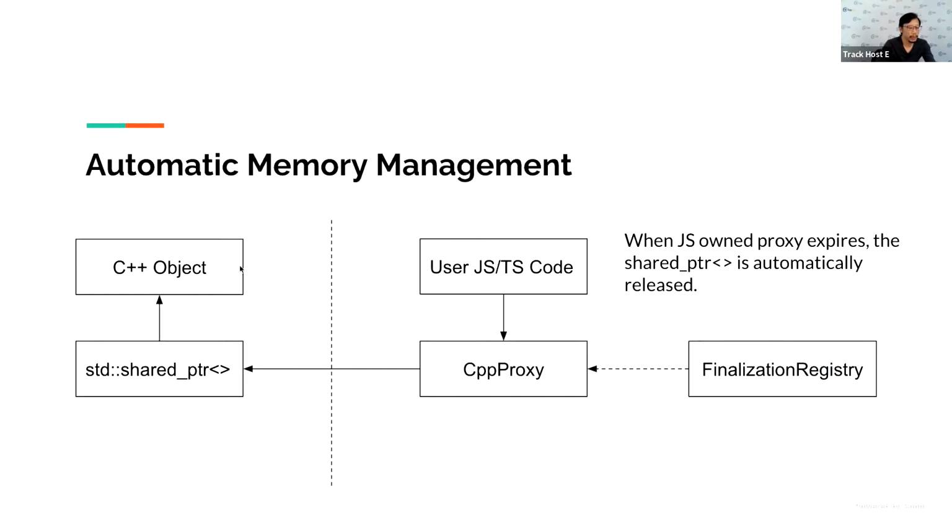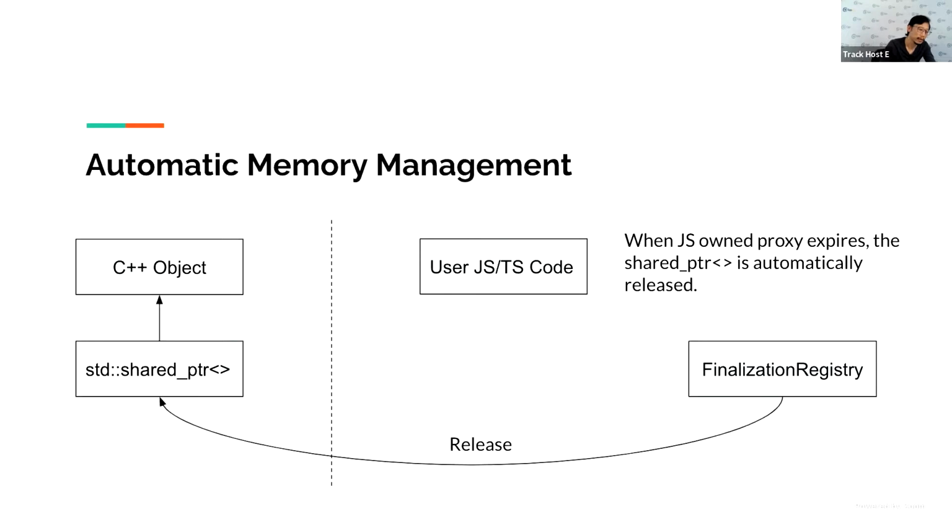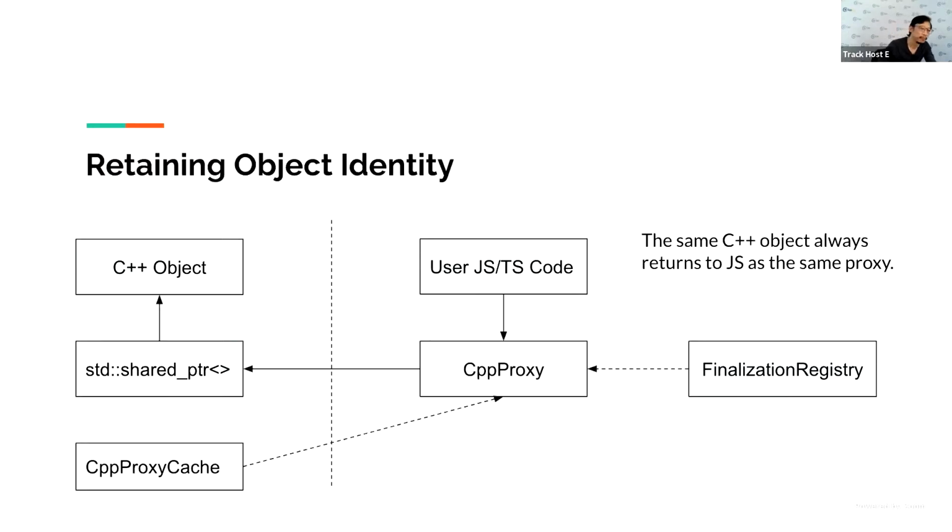Whenever we create a C++ object, we register its proxy with the finalization registry. So when the JS-owned proxy expires, the shared pointer will be automatically released. When it's gone, the finalization registry will call some code to release the shared pointer on the C++ side. So that means we don't have to worry about managing memory on the JavaScript side.